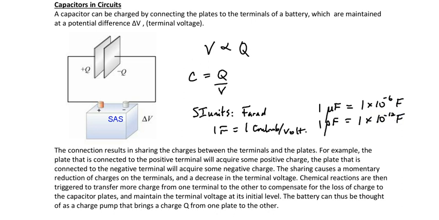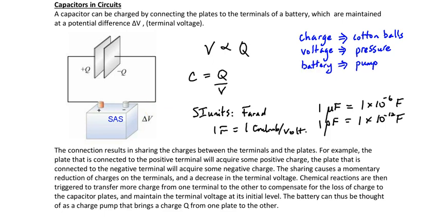Since capacitance is the ability of an object to store electrical charge, you might find this analogy to be helpful. You can think of charge like cotton balls, voltage like pressure, the battery like a pump, and capacitance is that ability of a jar in holding something like the cotton balls.